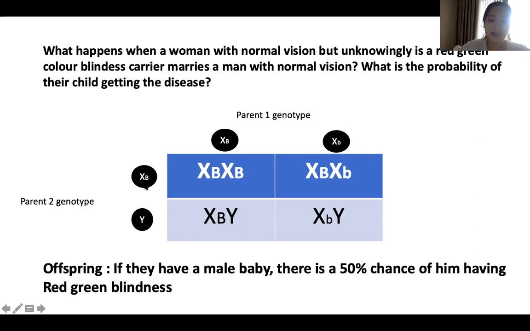Then the father: X big B, normal vision, Y. Once you do the crossing, let's look at the daughters. One of the daughters would be normal, one of the daughters would be a carrier. If they have a son, 50% he'll be normal with no effect, or he will have red-green blindness. So that's quite a big risk to take.